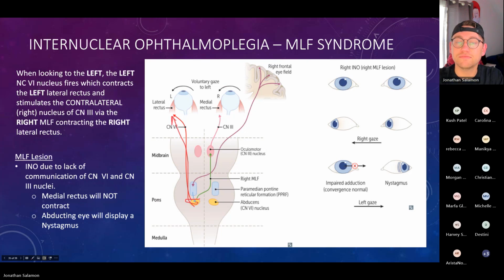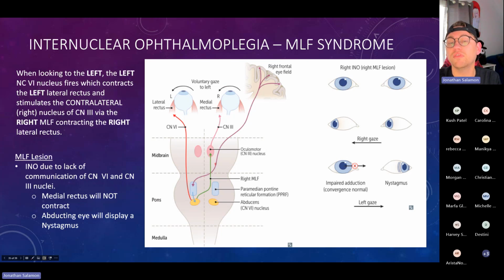Then, as the abducens nucleus is sending the signal to the lateral rectus muscle to contract to abduct my left eye, it's telling the oculomotor nucleus, hey, bro, by the way, we're looking that way, right? The motor cortex doesn't directly talk to the oculomotor nucleus. The abducens nucleus talks to it via the MLF, the medial longitudinal fasciculus.